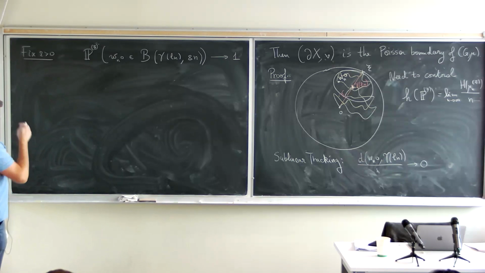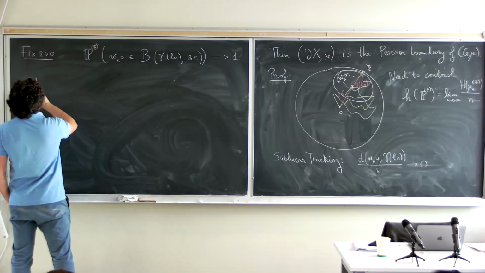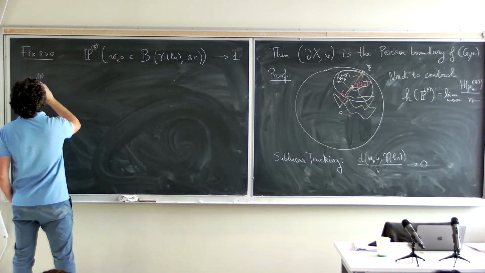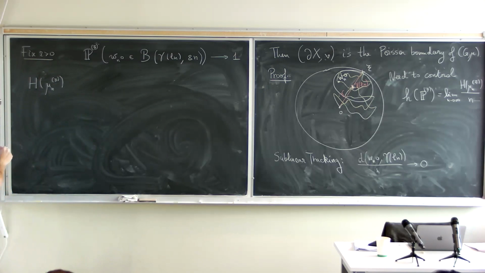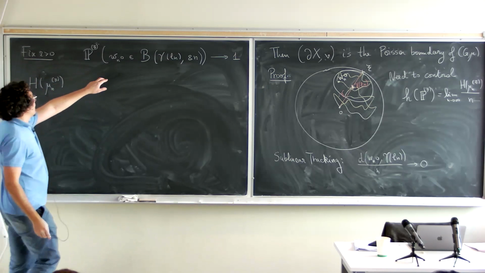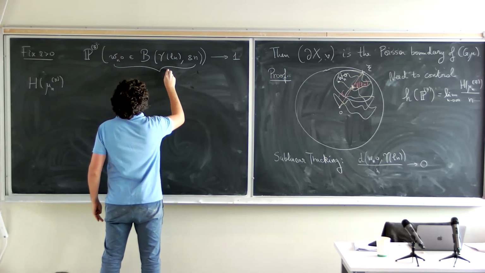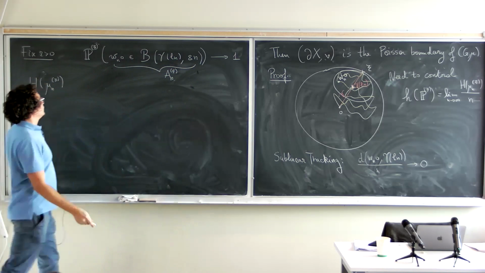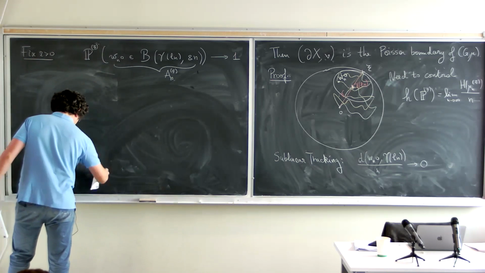Well, this event has probability that is going to 1. So this probability, let's call it a_n.